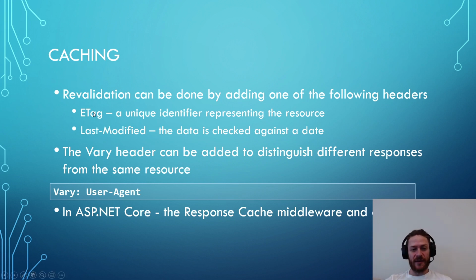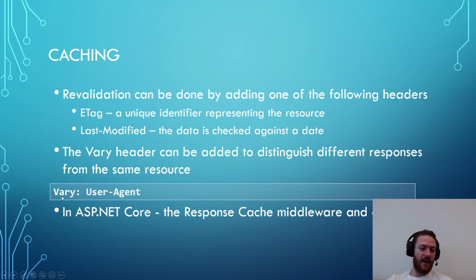Again, Last-Modified is just another technique, because the data is just checked against the date. So if the server has a newer version of that resource, it will return it. These are two concepts of revalidating a cache. We can add the Vary header, which can be added to distinguish different responses from the same resource.